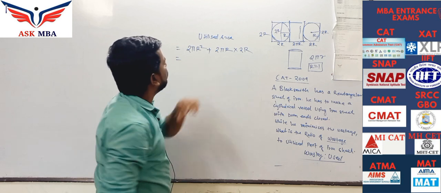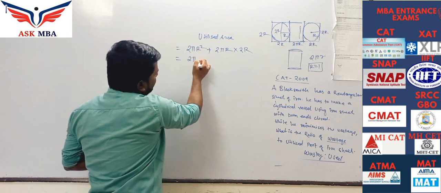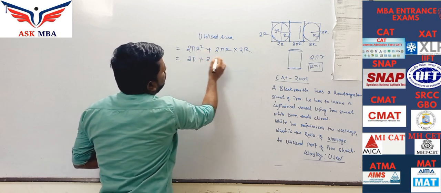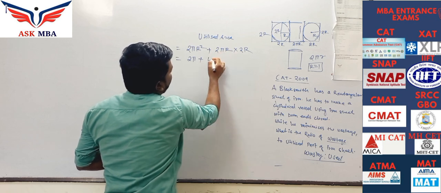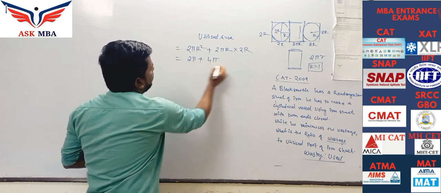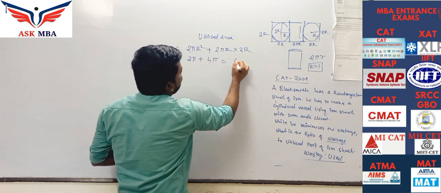After putting the value of r, 1 square is 1, plus 2 into 2, 4 pi. So 2 pi plus 4 pi is equal to 6 pi.